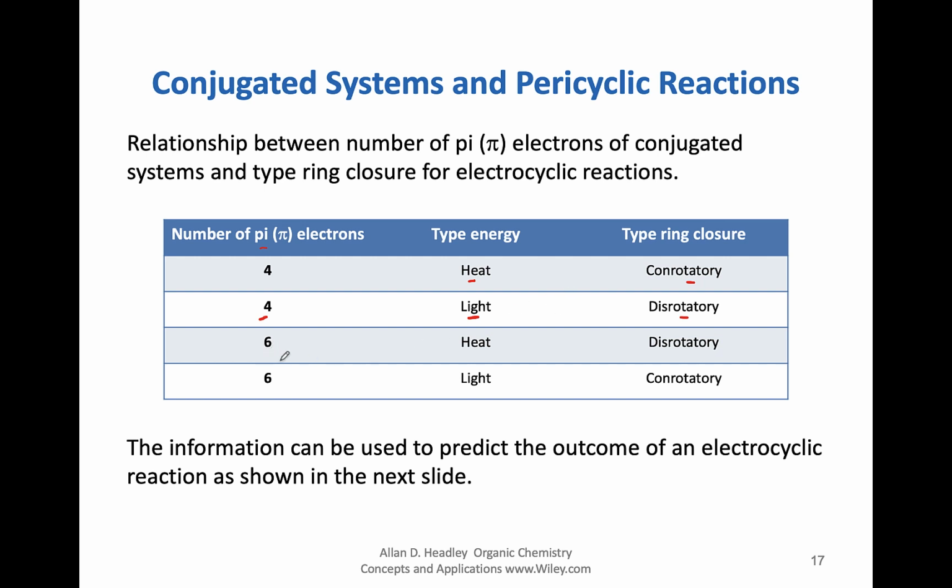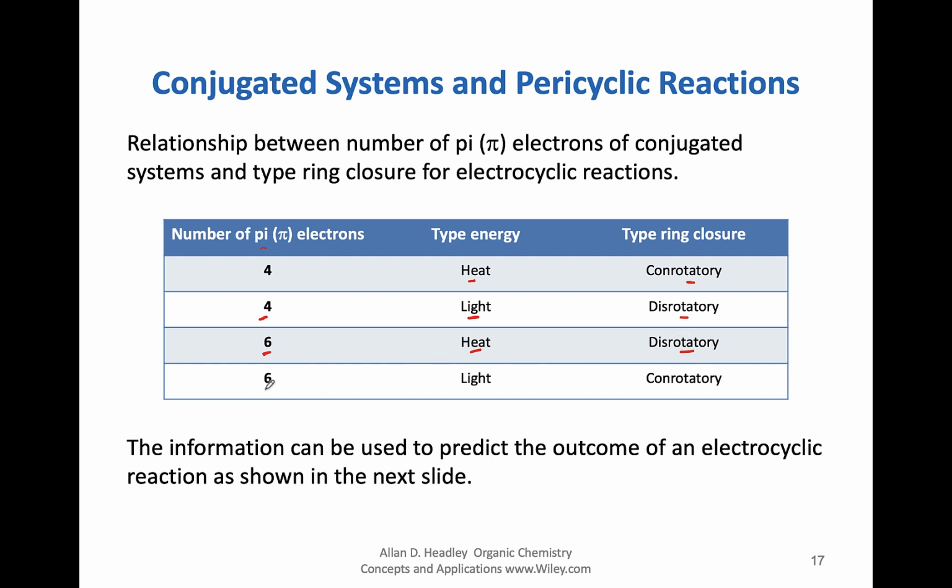Let's extend that reasoning. If you have 6 pi electrons, if you did all the analysis as we have done before, and you supply heat using the HOMO to get the phase allowed overlap, it will be a disrotatory closure.